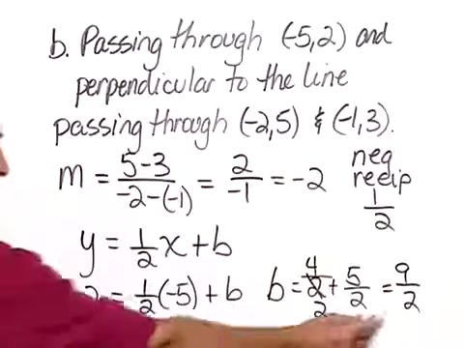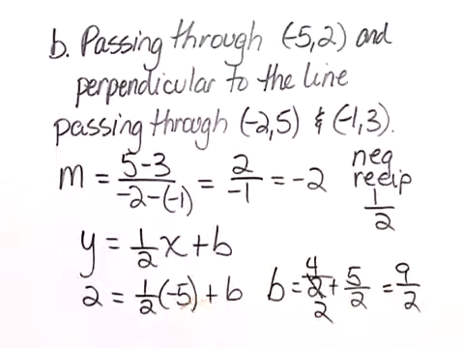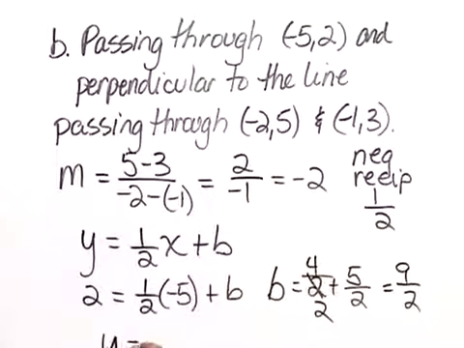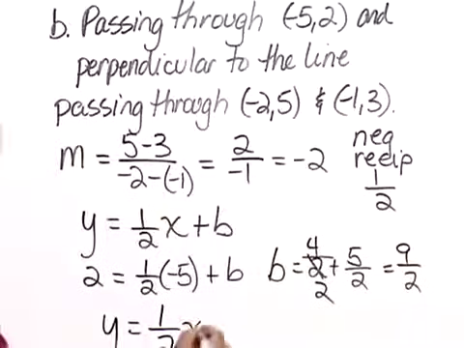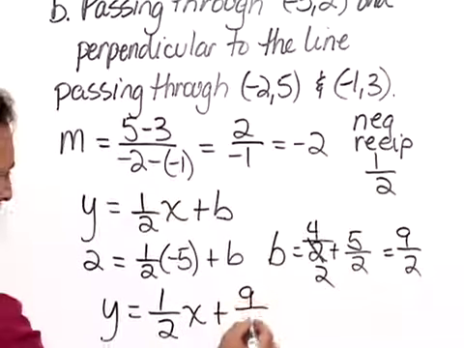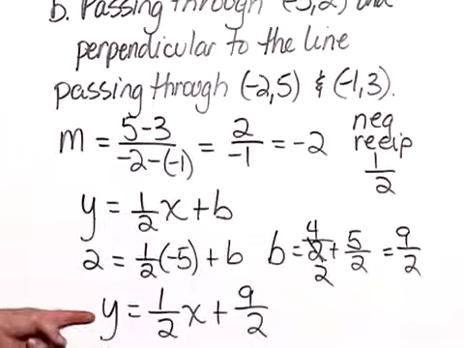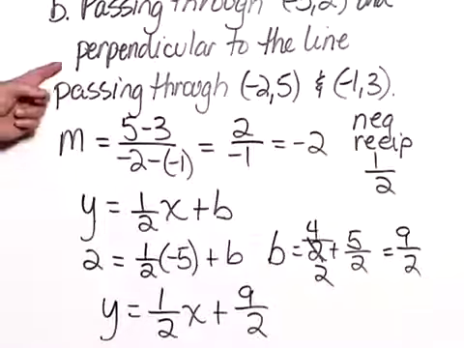We now need to substitute the 9/2 in place of b, actually in this equation, so we have y equals 1/2 x plus 9/2. So that is equal to our slope-intercept form of the line with those conditions.